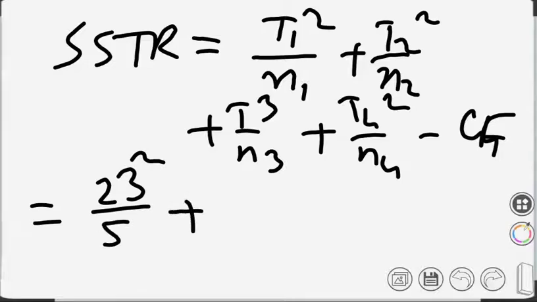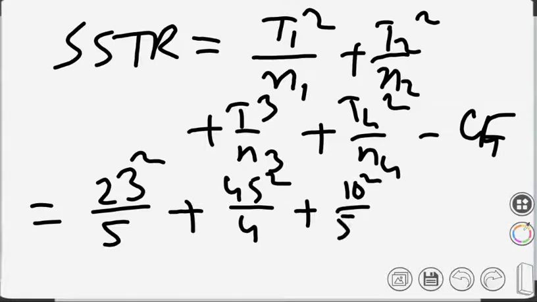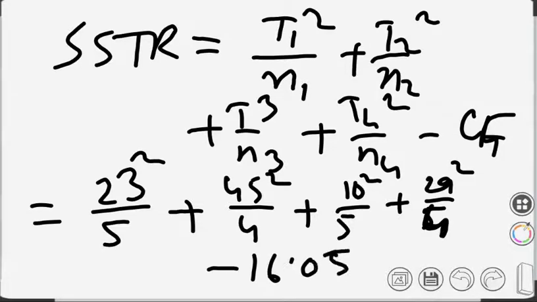T2 is? Sir, minus 45. It is minus 45, but squared, so it is 45 square by 4. Then the third one, 10 square by 5. Then 29 square by 4, minus 16.05.